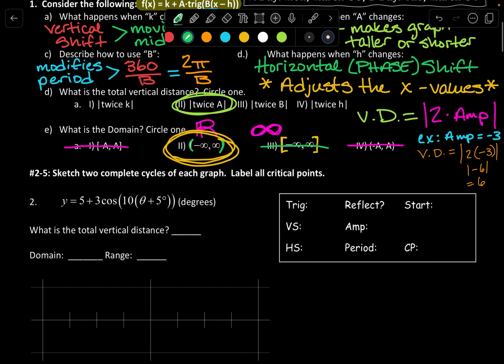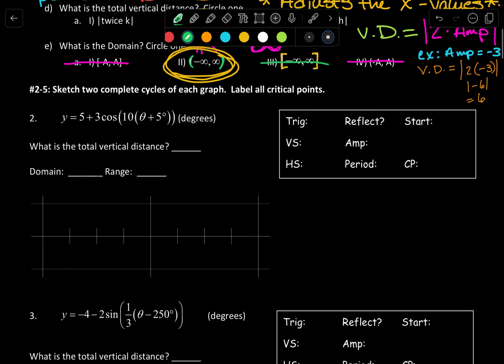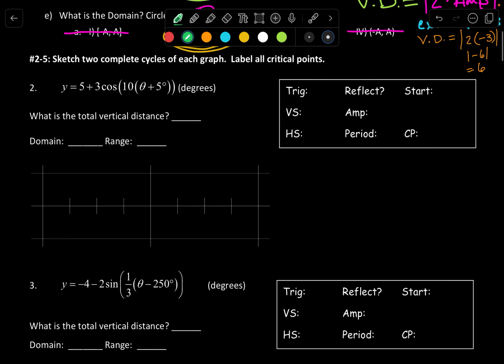For questions 2 through 5, it says sketch 2 complete cycles of each graph and label all critical points. I like to start these problems by labeling K, A, B, and H, and also just underlining my trig function. And if they tell me what I'm working in, which is degrees, that's helpful too.